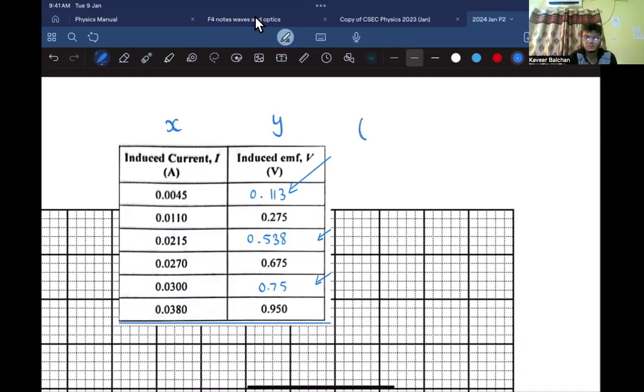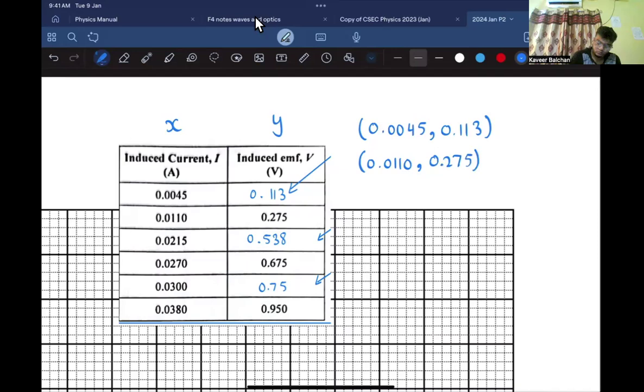X value first. Right, so the first point is going to be 0.0045, comma what? 0.113. All right, Ocean, tell me the second point I need to plot. 0.011, 0.275. Correct, so you understand that is always X first, then Y.